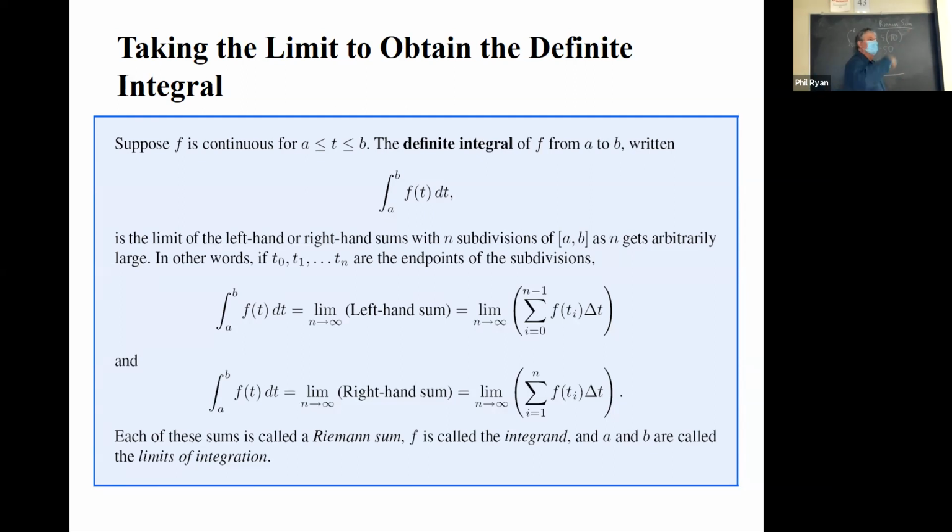Just like we had Leibniz and Newton in the 17th or 18th century, now we have this guy in the 19th century. And we think about these as a limit of these sums. Okay? Now it only makes sense if these limits are the same thing.